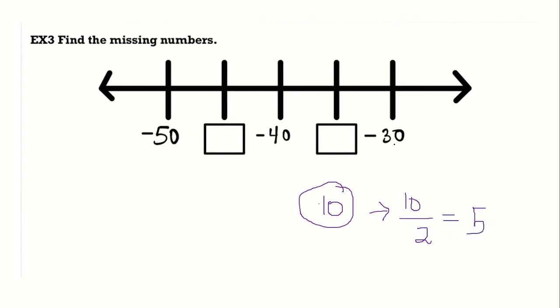So the distance from negative 30 to negative 40 is 10, but since there are two spaces in here, we divided it by 2, that's why you got a 5. So from negative 30, this one must be negative 35. And then negative 40, and then negative 45.